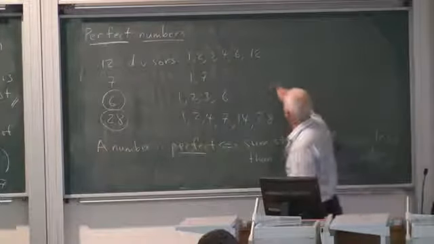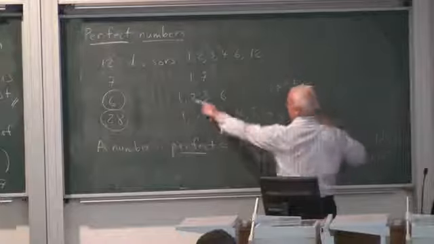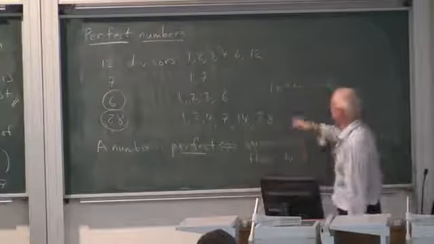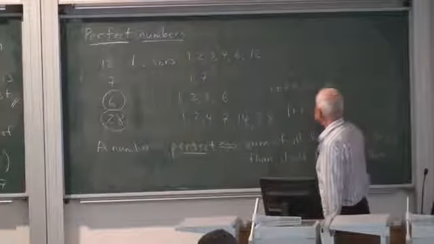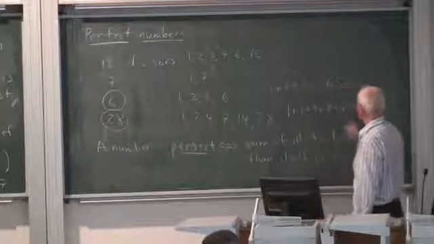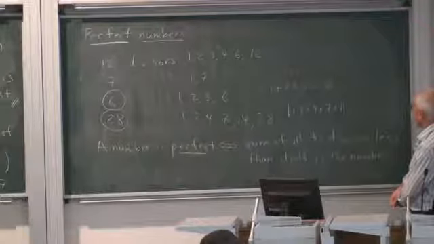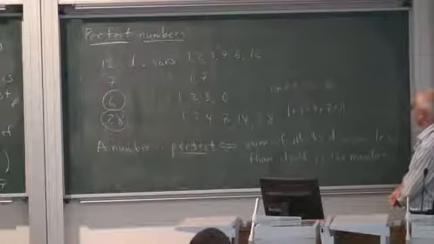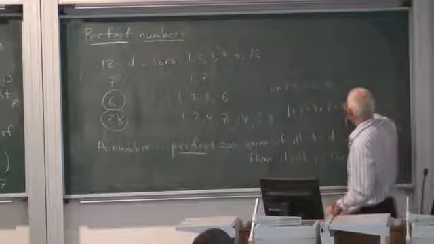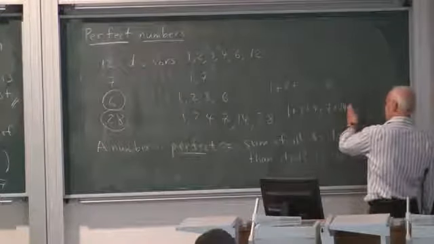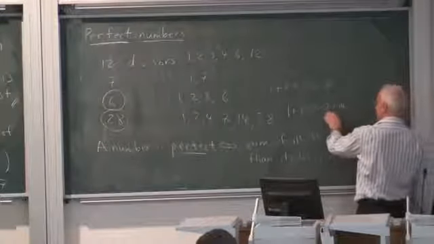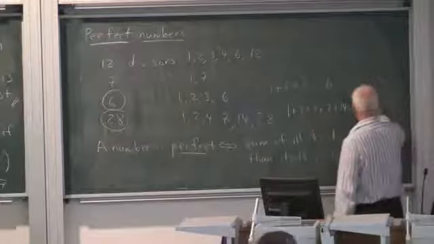So 6: 1 plus 2 plus 3, all the divisors which are actually less than 6, that equals 6. And 1 plus 2 plus 4 plus 7 plus 14 is 21, 25, 27, 28.